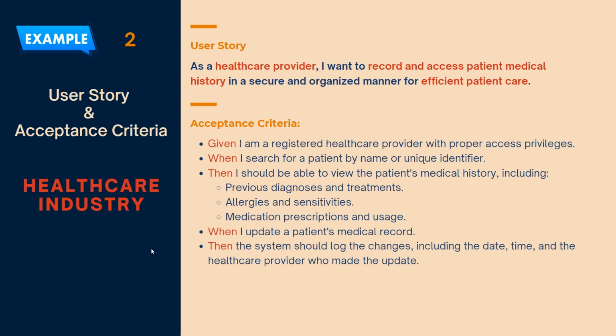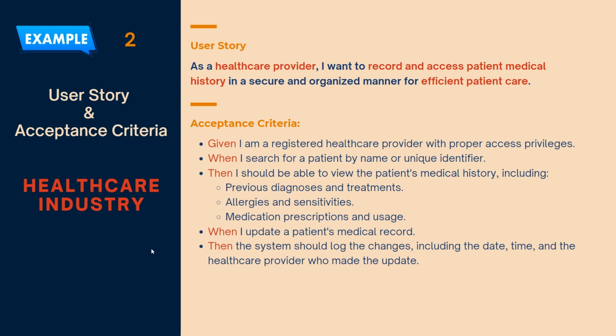So how are we going to provide a more specific boundary for that? By writing this acceptance criteria. Given I am a registered healthcare provider with proper access privileges. I am a registered healthcare provider and also I have the required access privileges. When I search for a patient by name or unique identifier, so I am searching for a patient by name or his or her ID, then I should be able to view the patient's medical history.